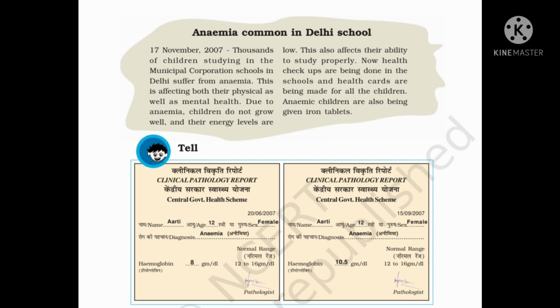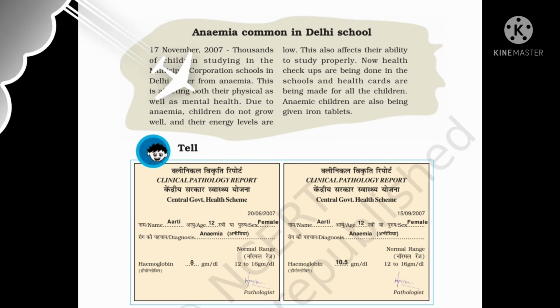Anemia. What is observed here? That is the hemoglobin level. Less amount of hemoglobin in your blood can signify that you are anemic.